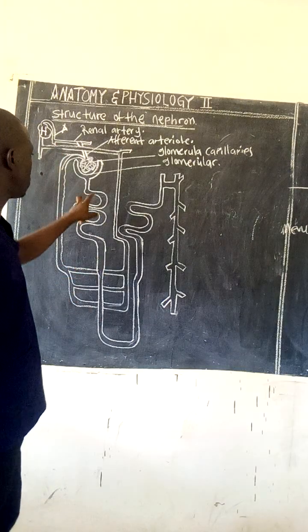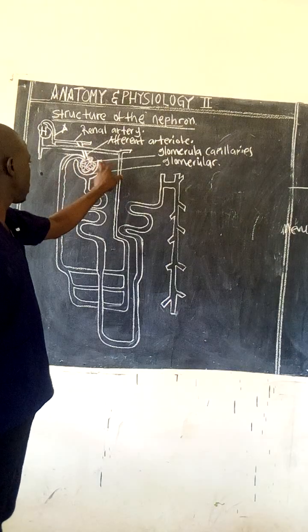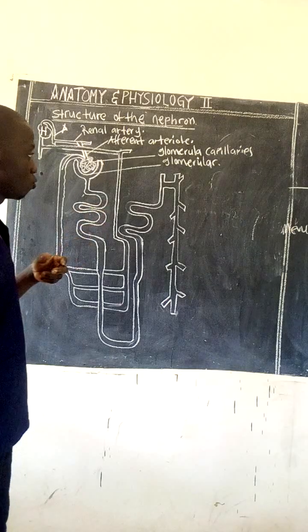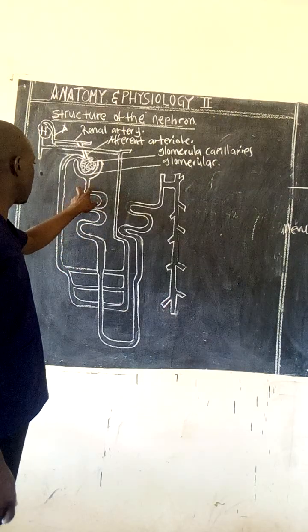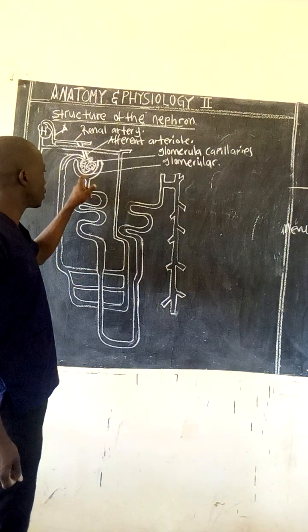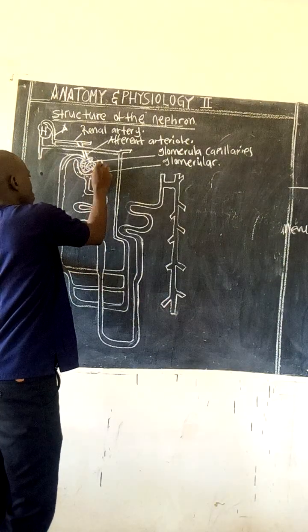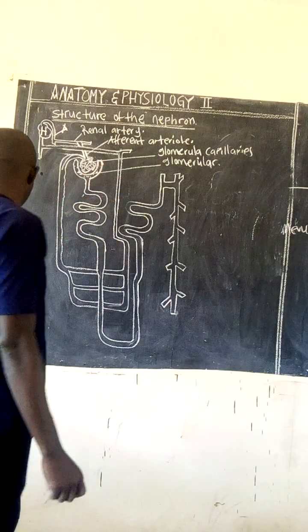So the fluid is passed out from the glomerular capillaries by the process we call ultrafiltration, which you shall see next in the course of your information. And then it is taken out and brought here into the Bowman's capsule. So this fluid will be filtered out into the Bowman's capsule.